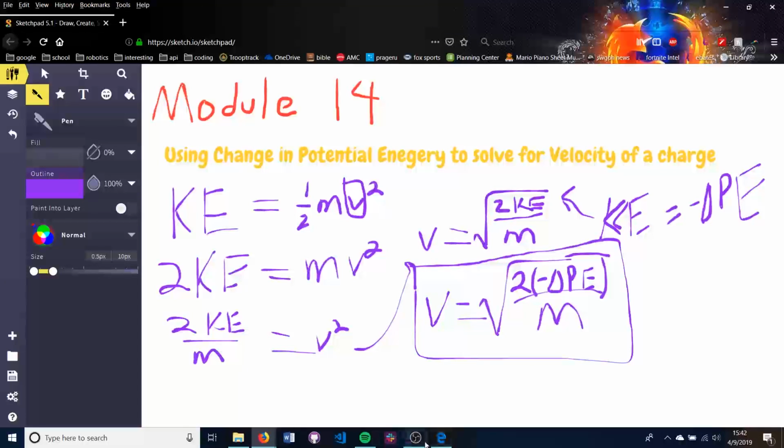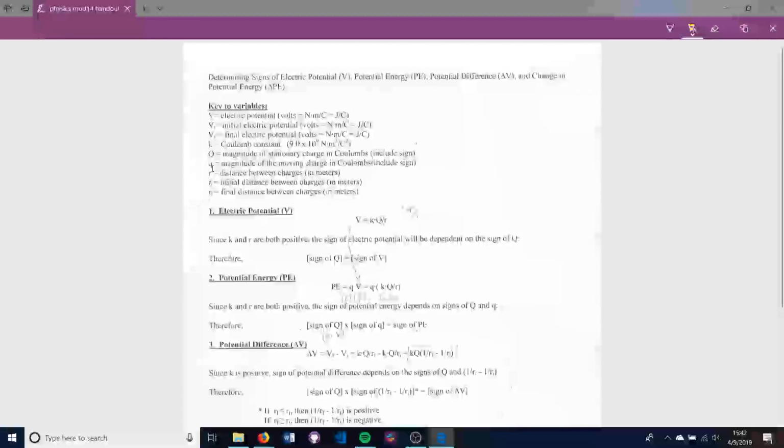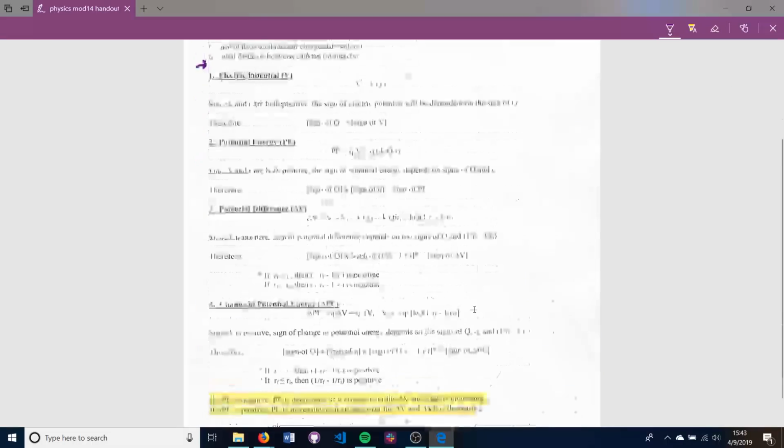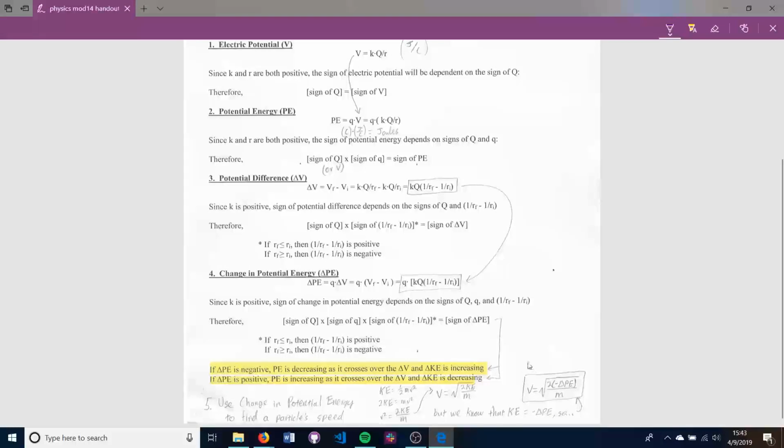I know that isn't in the sheet right here in the variables, but I will add that probably just on this line right here. But yeah, the equation looks a bit better down here. v is equal to 2 times the opposite of the change in potential energy. So if potential energy is negative, that means KE is positive.